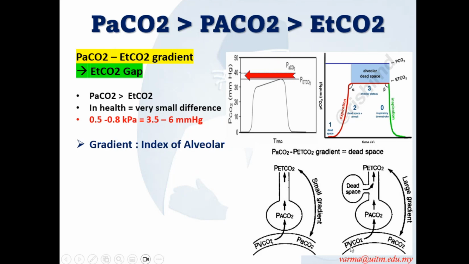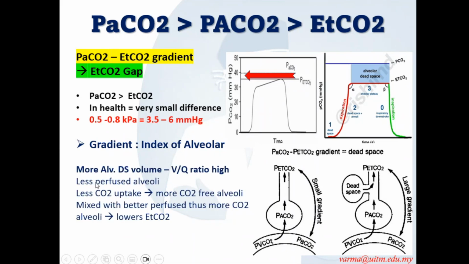Blood CO2 has equilibrated with your alveolar CO2, but the alveolar CO2 does not equilibrate with your EtCO2 because the dead space alveoli, which have lower CO2, dilute the EtCO2. Thus the value of EtCO2 becomes lower and PaCO2 is still higher, so the gradient becomes larger.